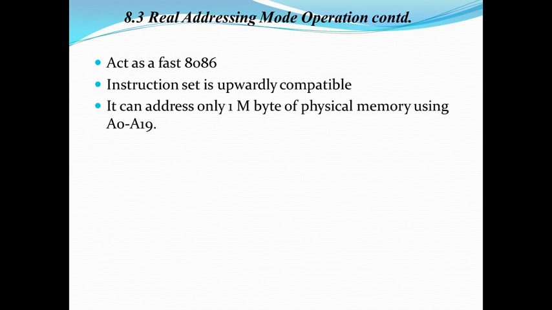It means all the instructions of the 8086 we can apply to the 80286, and it can address only 1 MB of physical memory using A0 to A19. So the higher address lines A20 to A23 are not used at all in real addressing mode operation. So real addressing mode operation of the 80286 just acts as fast as the 8086.